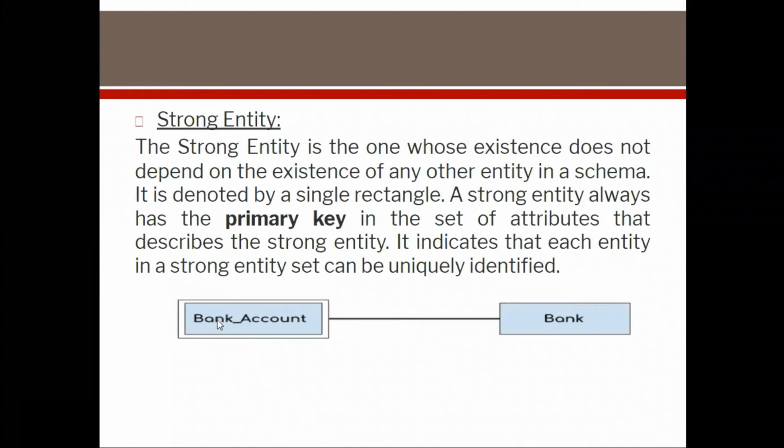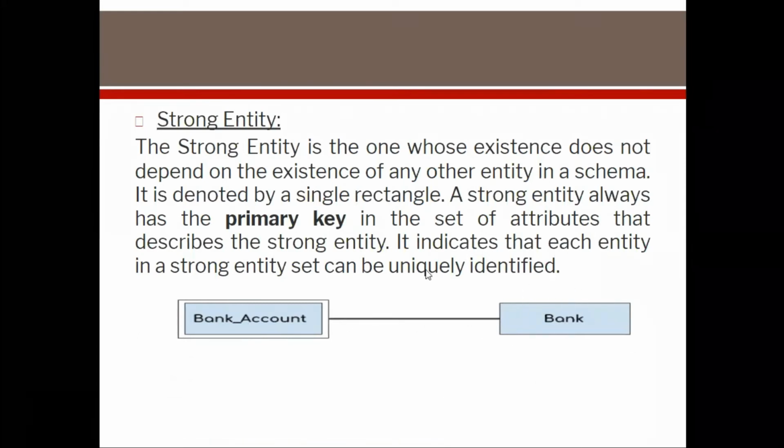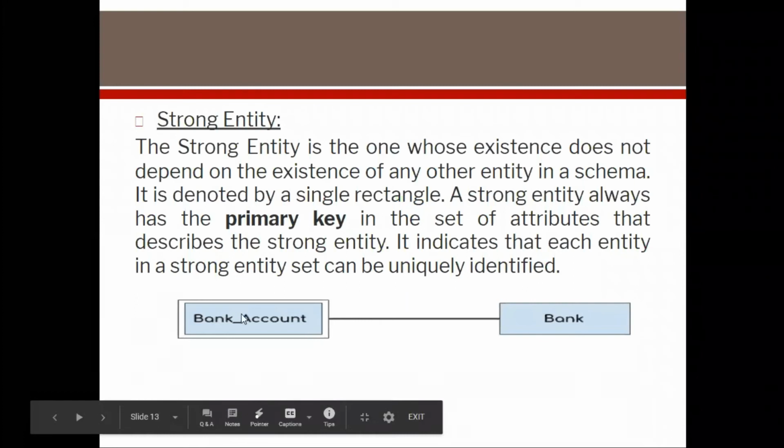Moving on to the next part, that's a strong entity. Bank here is a strong entity because even if a few bank accounts are closed, and not all bank accounts are closed, right, even if this table is removed from this place, this entity could stand on its own.